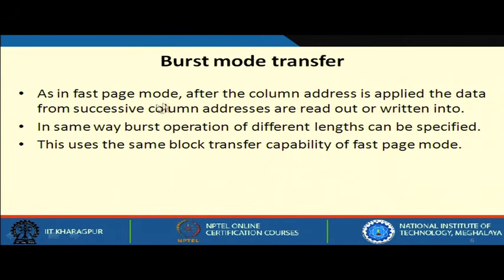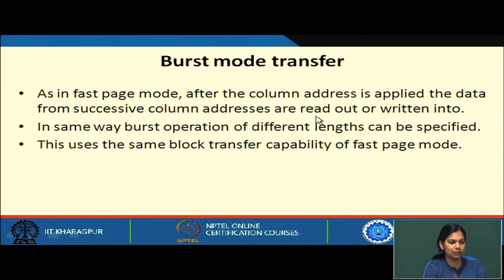So, here also we will see how this burst mode transfer happens. As in fast page mode, after the column address is applied, the data from successive column addresses are read out or written into. For read it is read out, and for writing it is written into.